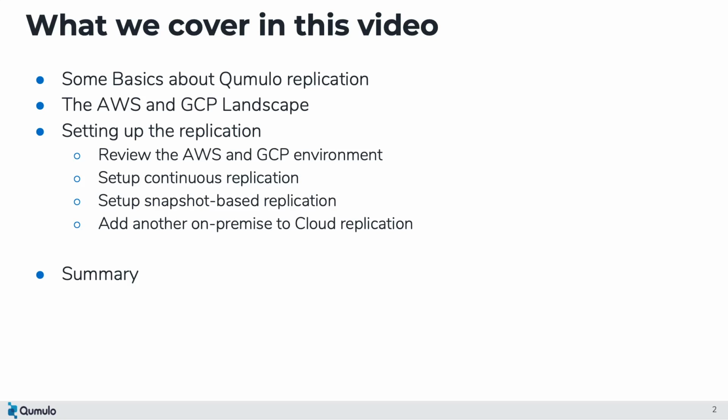We will then set up a first continuous replication relationship, and after that we will create a snapshot-based replication relationship and explain the differences. And then we will add another replication relationship between an on-premise cluster and the cluster in Google Cloud. And then finally we will wrap up with a short summary.